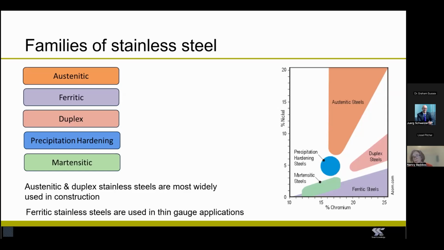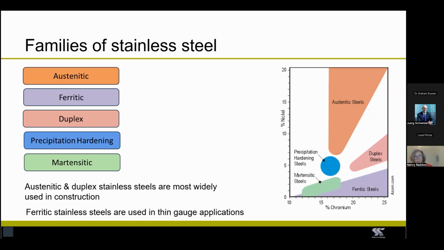Now, they're not called duplex because there's a sort of coated layer, which I know is the terminology used sometimes in the States. They're called duplex because it's a mixed microstructure. So they're through and through stainless steel. They're a very useful family for structural applications because they're very strong, stronger than austenitics, and not quite as ductile.